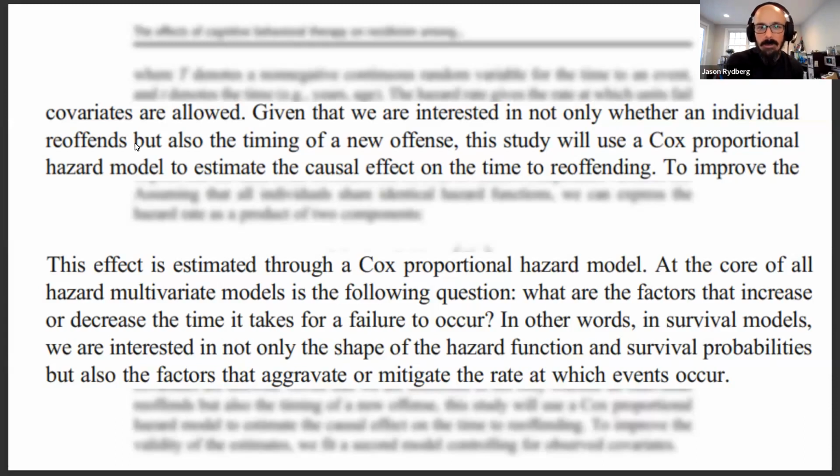How does that work its way into the Cox model? It works its way in through the ordering of events only, right? So it is incorporating information about the order in which units fail over time: who fails sooner, who fails later, who doesn't fail at all. And it's looking at characteristics of those individuals, and leveraging that information to produce these time constant hazard ratios. But it's not directly modeling the timing of the new offense.